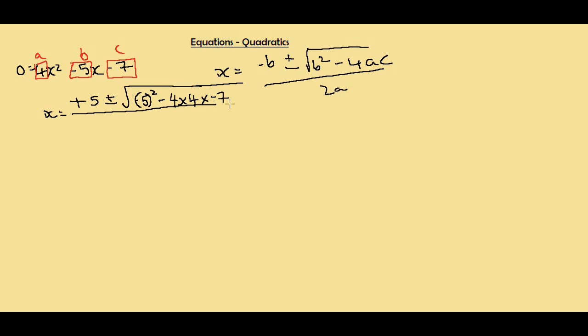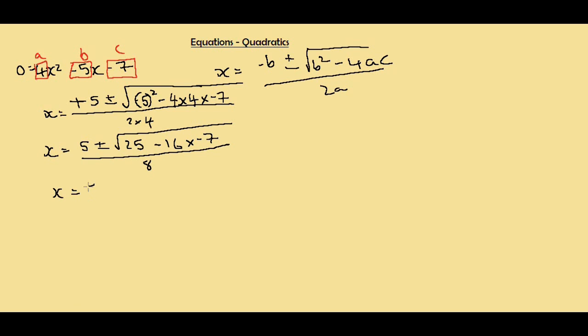And then we've got divided by 2 times a, so that's 2 times 4. Okay, so we're just going to simplify this and work with this for a bit. So 5 plus or minus the square root of 5 squared, which is 25, minus 4 times 4, which is 16, times minus 7, all divided by 8.